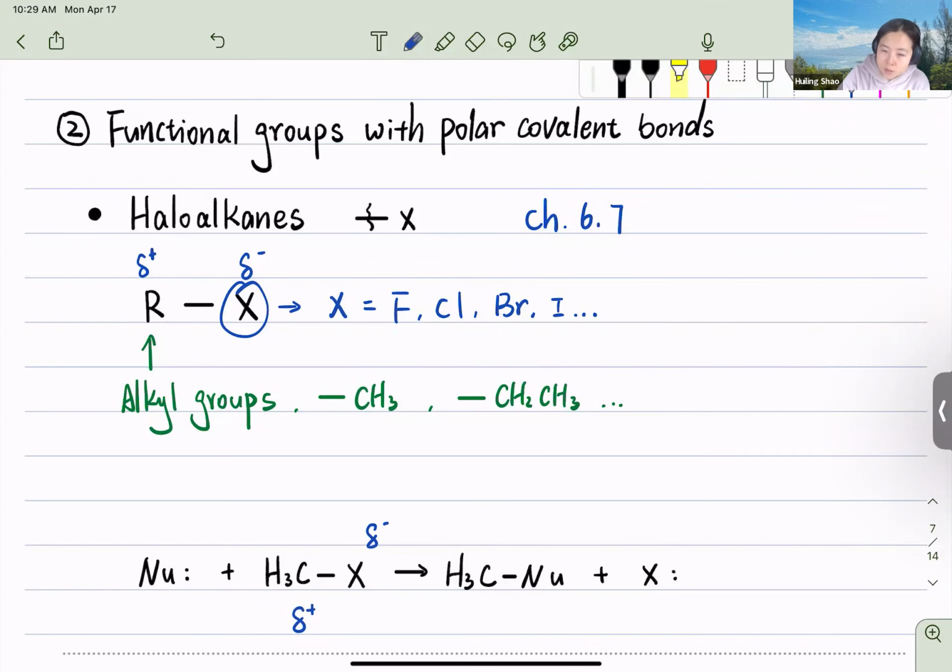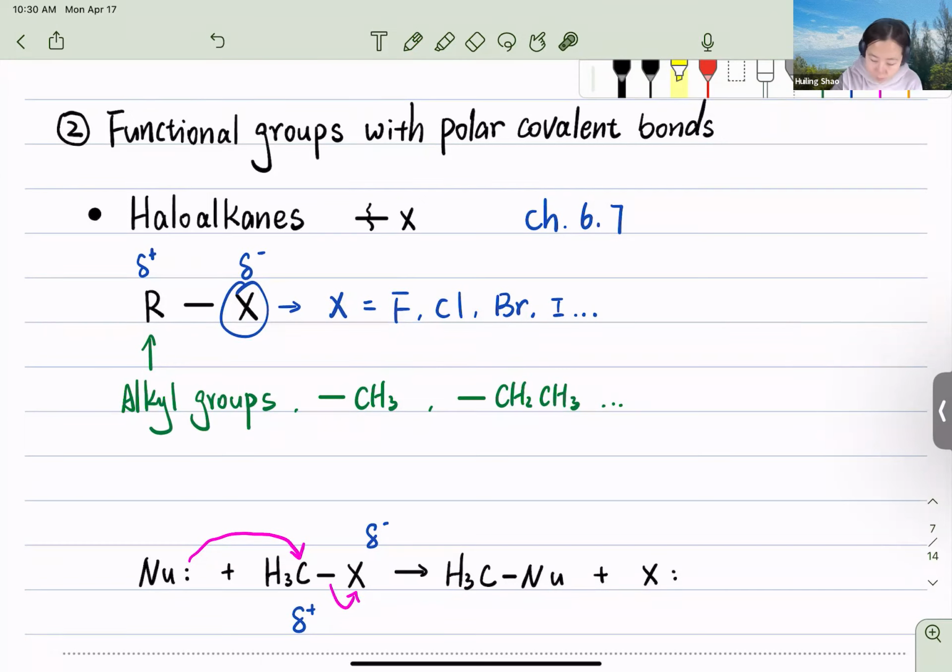So this is a generalized nucleophilic substitution reaction where the electrons on the nucleophile attack the relatively electron-deficient carbon center, and we break the C-X bond. What we end up with is CH3 attached to the nucleophile, and we end up with a halogen.